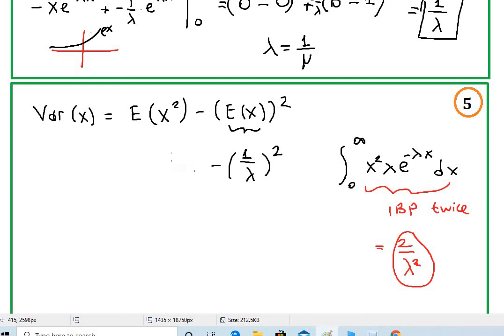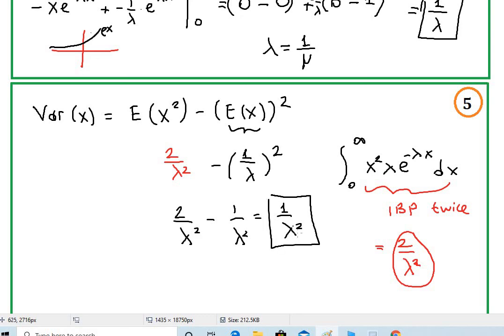And if we plug in the values here, 2 over lambda squared minus 1 over lambda squared will be 1 over lambda squared. So this is the variance of an exponential random variable. That's all for part 1.